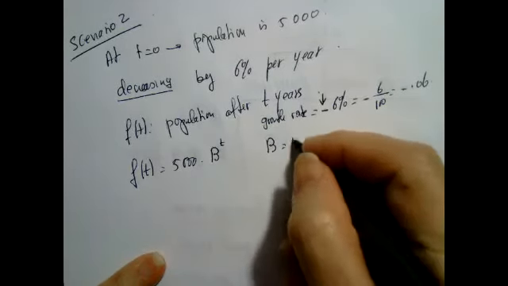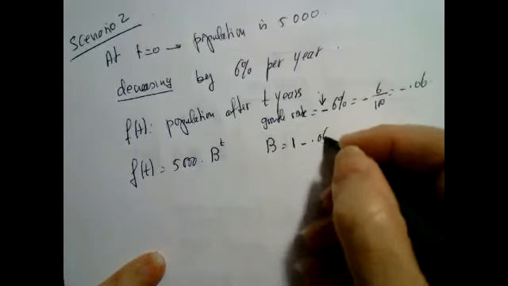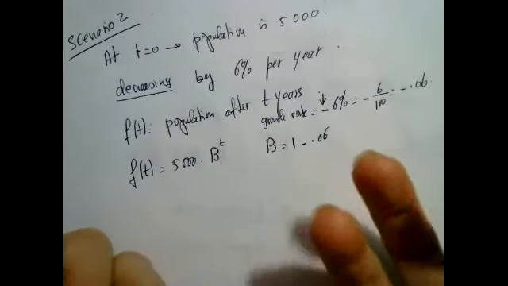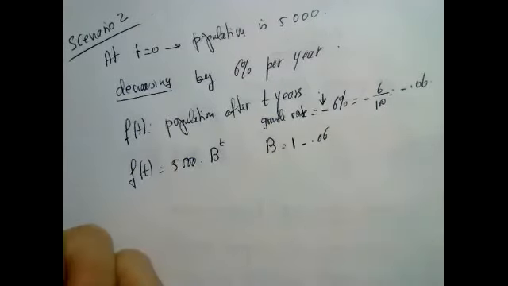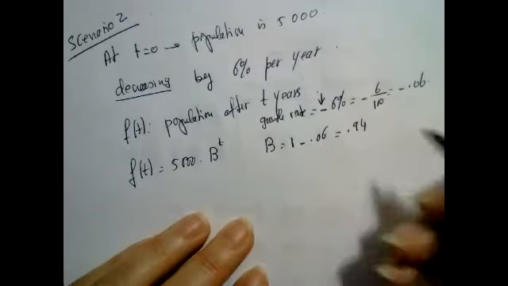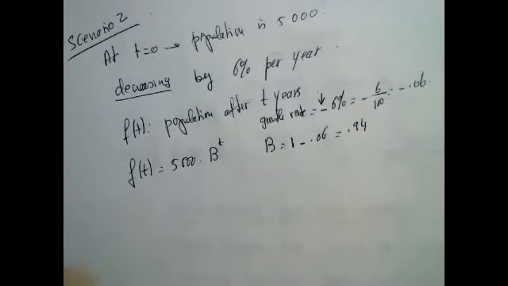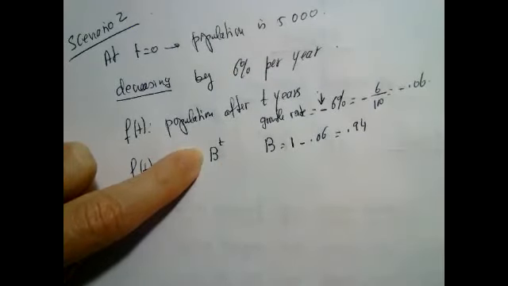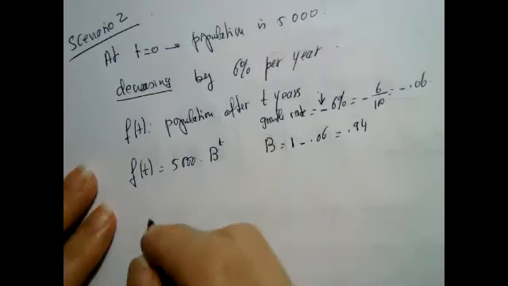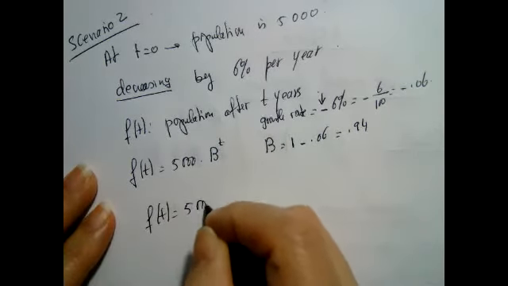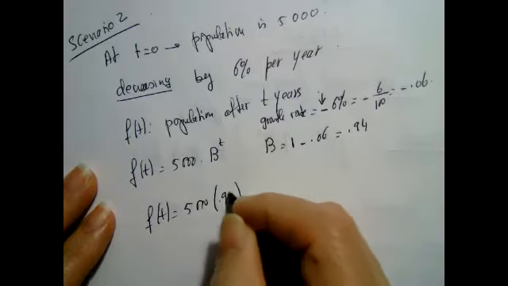And b is 1 minus that. The b represents what's happening every year. Every year 6% are gone, so the b is what's left, which is 94%. If we do the math, we get 0.94. So the b represents the percent which remains. 94% remain because 6% is gone. So this will be 5,000 times 0.94 to the t.